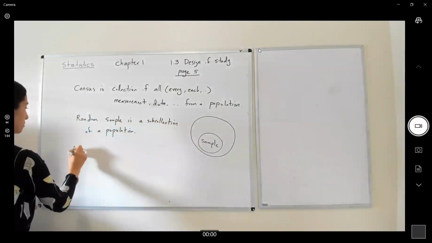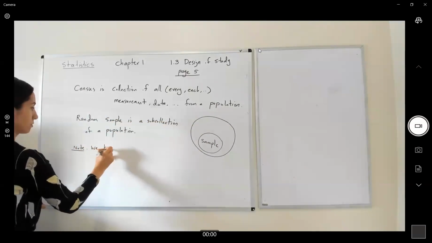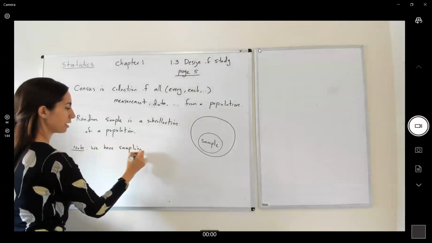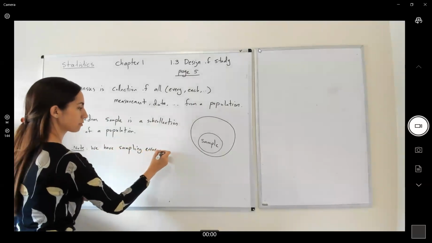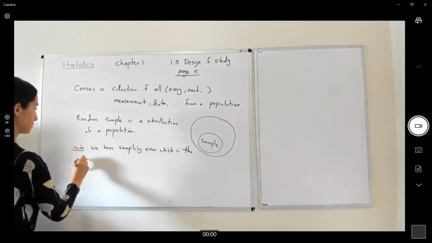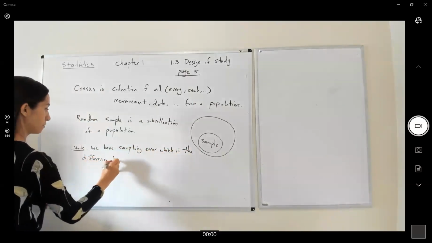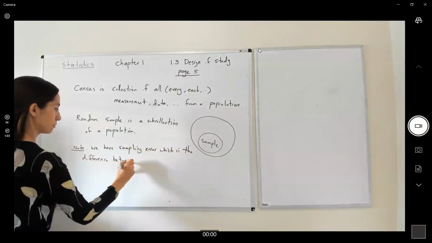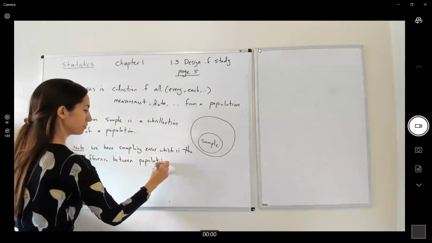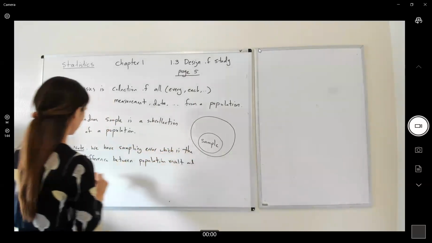So note that we have sampling error, which is the difference between the population result and the sample.